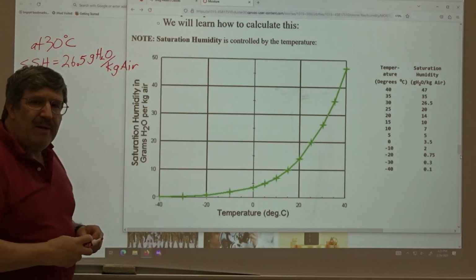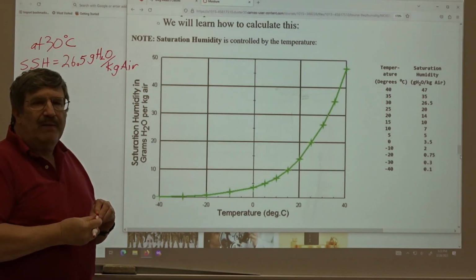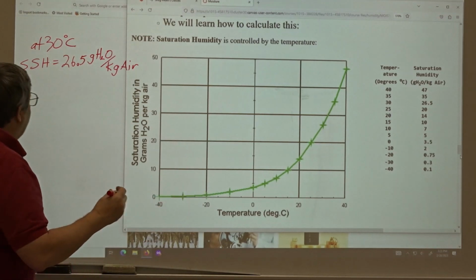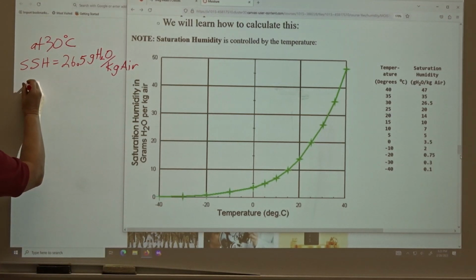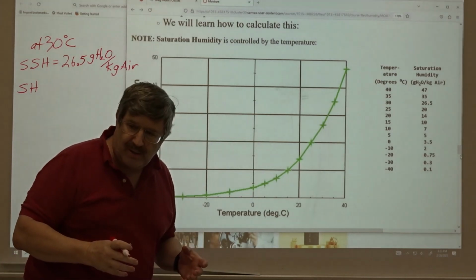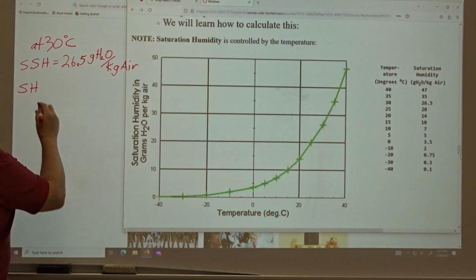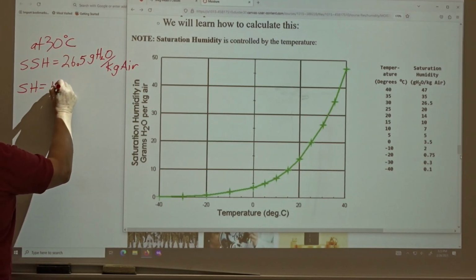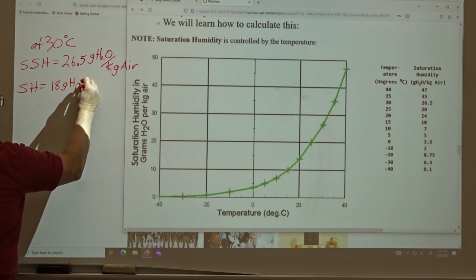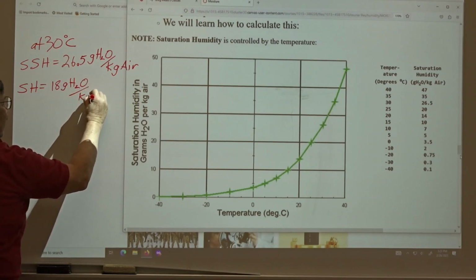Let's imagine that we actually have 18 grams of water per kilogram of air present. The specific humidity, which again is the actual amount of water present, will be 18 grams of water per kilogram of air.